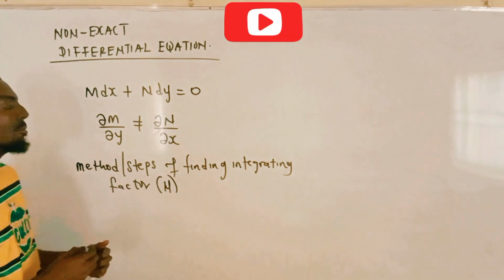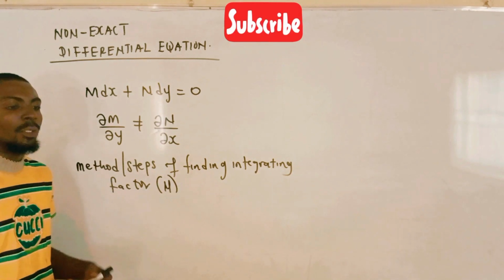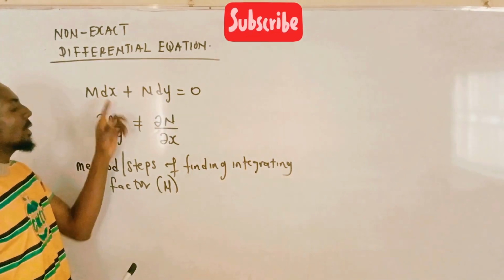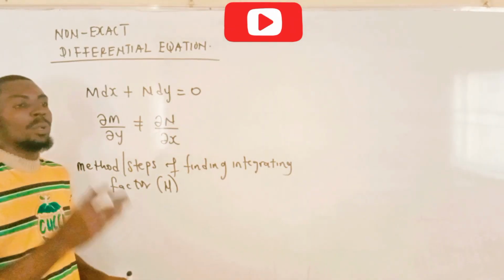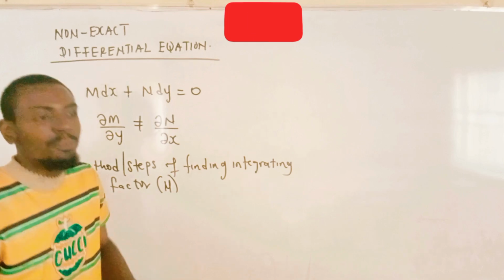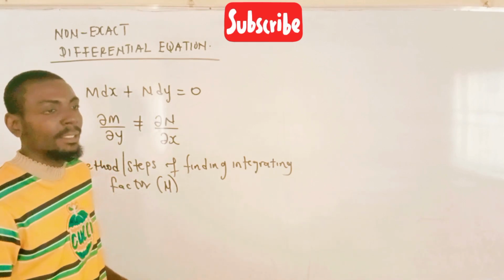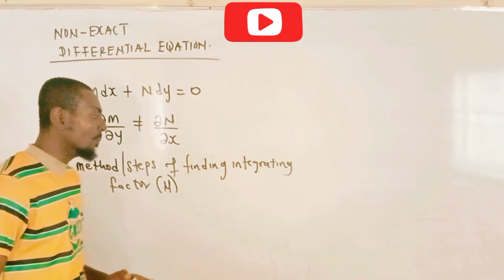We use this integrating factor to multiply the given equation in order to make it exact. Then the next thing to do is to check if the equation is now exact, and if it is exact, we can now continue the actual solution.